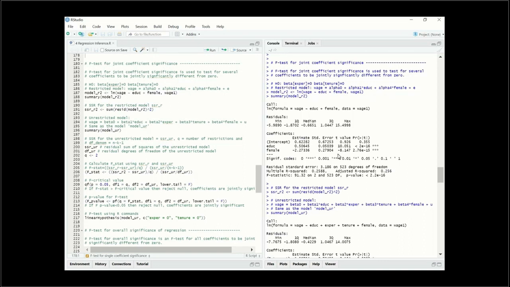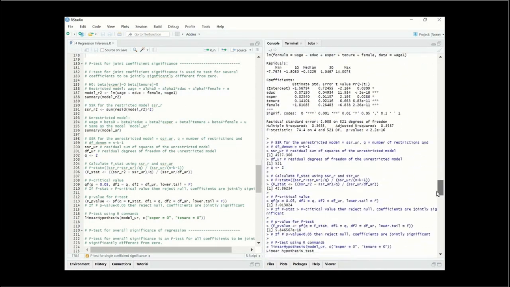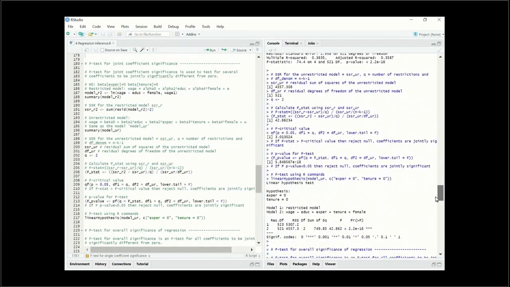So this would be the F statistic that we have here, and the F critical value and the p-value would be denoted here. So everything is the same as before. The only thing that would be different from what we did before is the degrees of freedom for the numerator would be changing to Q, which is now a 2.